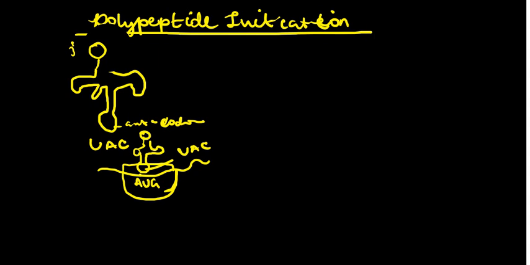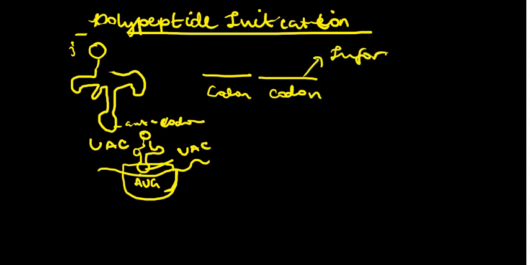Every tRNA reads the bases three at a time, because these are codons, and they code for information that was gotten from the DNA during transcription.